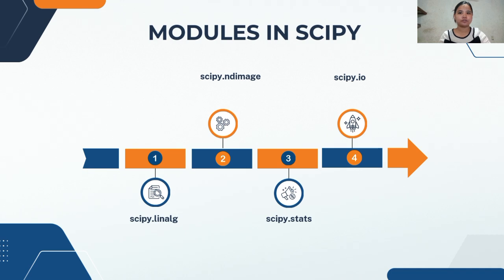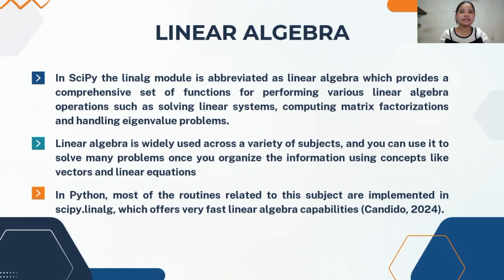data input and output. So the scipy.linalg module is short for linear algebra. It provides a comprehensive set of functions for various linear algebra operations. It is widely used across different subjects, offering fast linear algebra capabilities, according to Candido 2024.